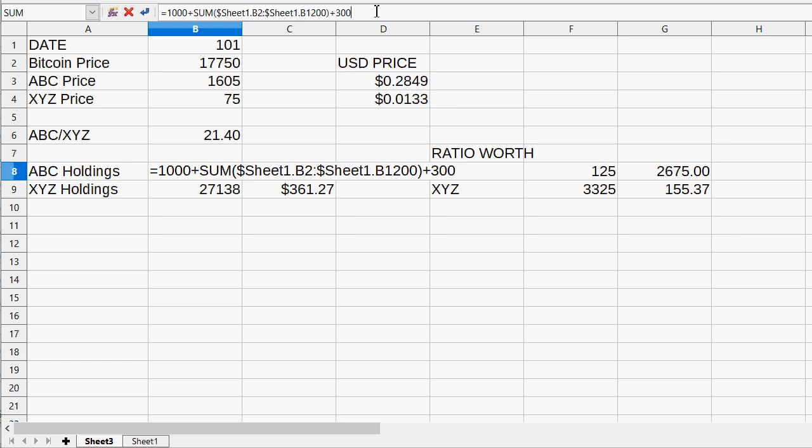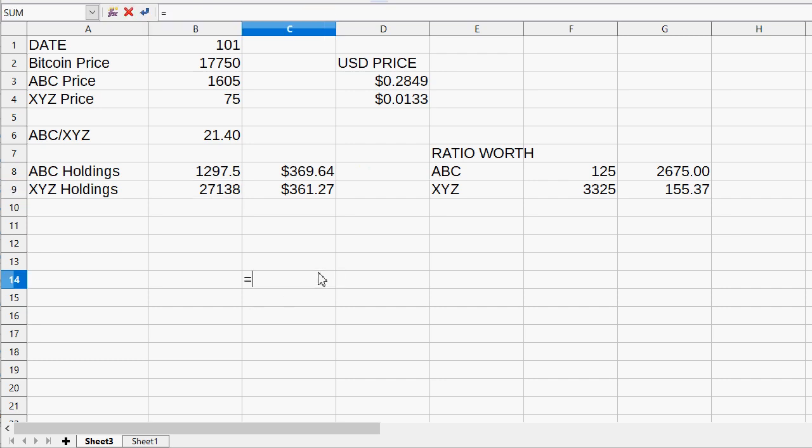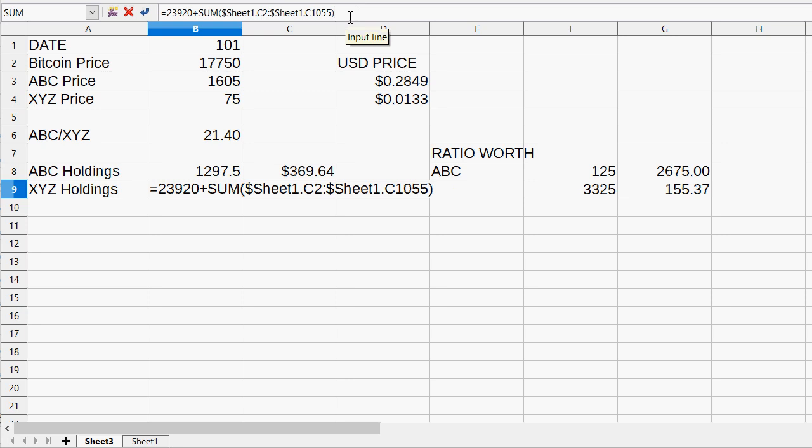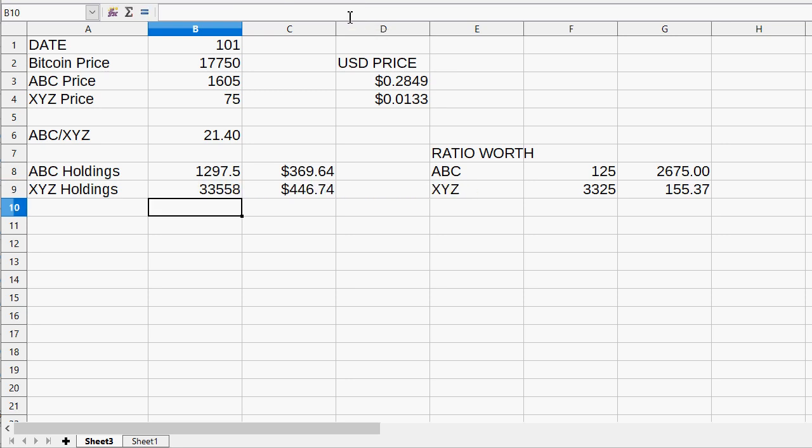Now as we move further, my ratio bets are going to get bigger. So I add 300. So if the ratio is 21.4, I would buy about 64.20. So I'm just going to go plus 64.20.